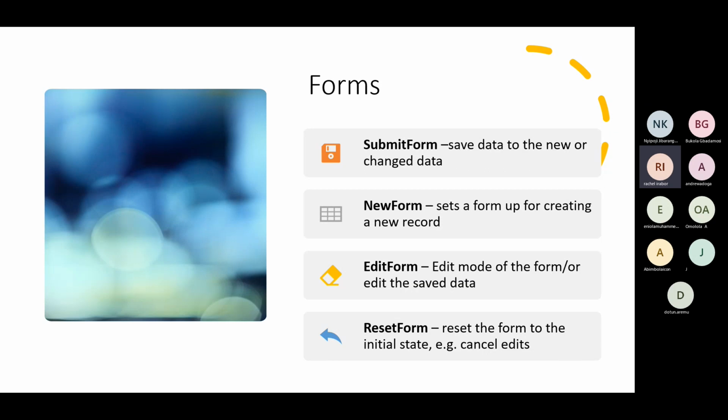So I can easily use my edit form function to edit the data, or to add data that is not there already. I think it would be better if I show you how it looks than explaining it. Then we also have reset form. You already entered data into the form and, maybe after entering data, you want the form to reset. That is when you use the reset form.